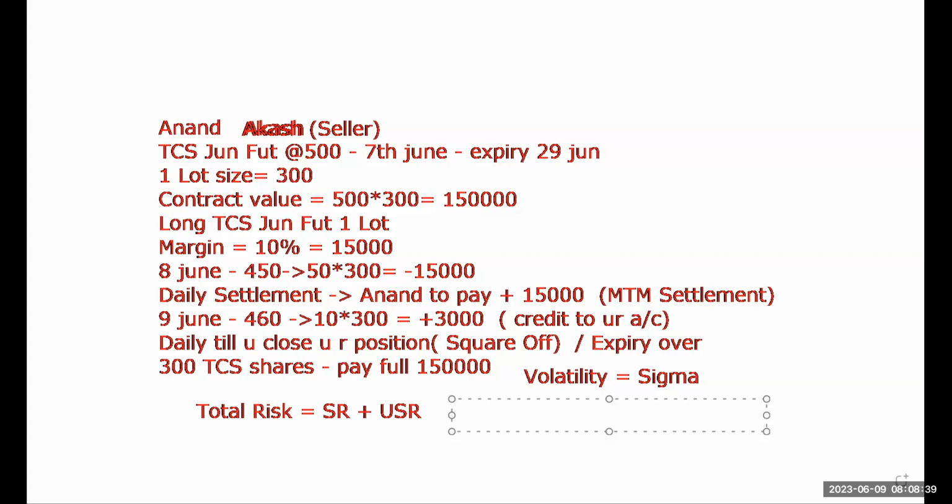With the help of an example of a Reliance contract and a TCS contract, we understood how the price of a lot size is decided. And on top of that, we also discussed the volatility of future contracts. We determined that it is based on standard deviation.